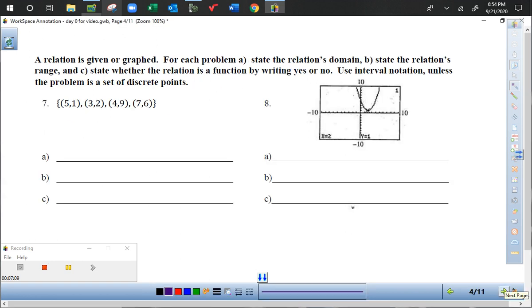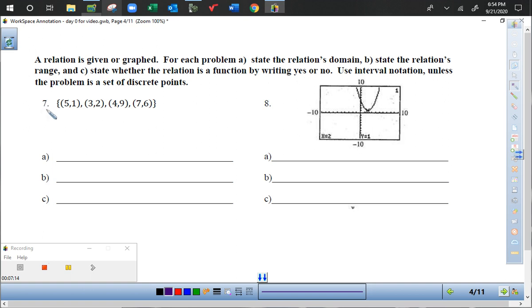Next thing we're going to do is look at a relation. A relation is just any set of ordered pairs, and we decide the relation's domain, the relation's range, and then whether that relation is specifically a function by writing yes or no. So we're going to use interval notation to talk about the domain and range, like we practiced just a little bit ago, unless we're dealing with a discrete set of points.